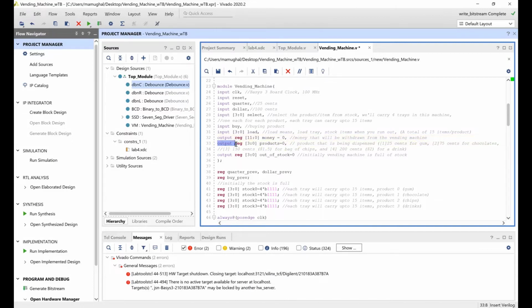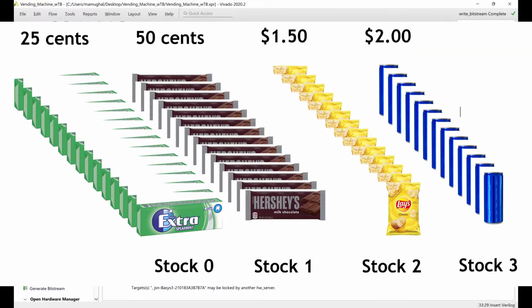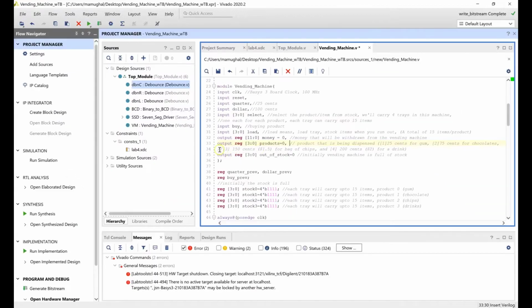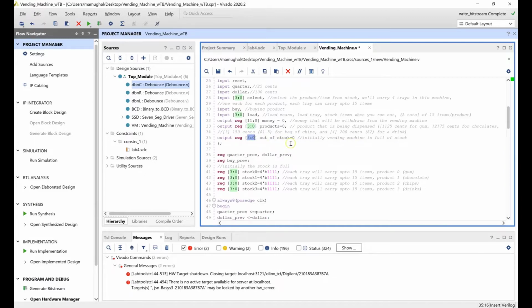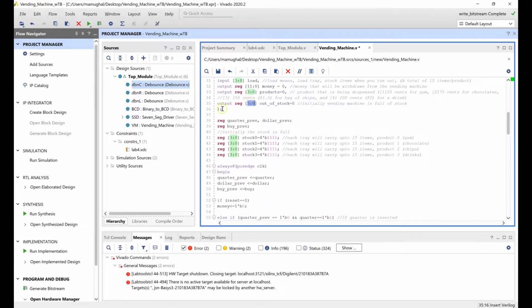And then you have the output products. Whichever product you select, maybe you could set it to turn an LED on. And then you also have out of stock right here, which means anytime a product runs out of stock, the LED will turn on. So we got 4 LEDs, one for each product in the vending machine.